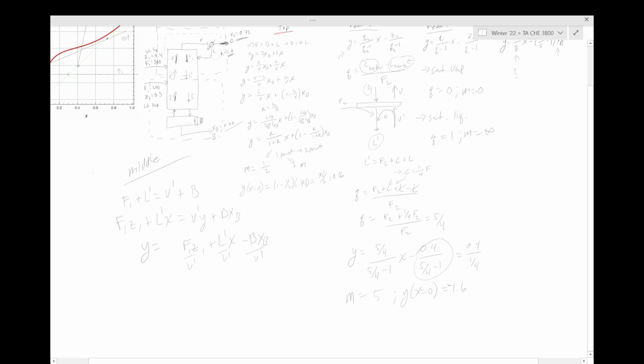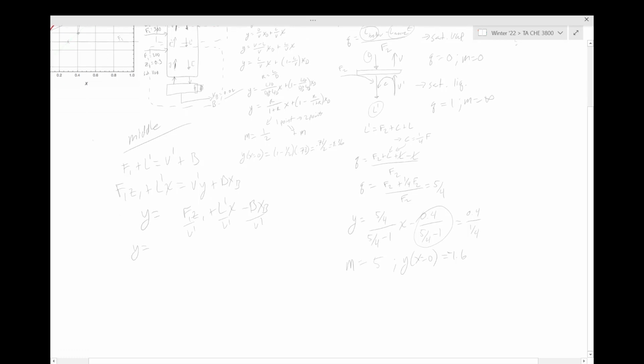So let's clean it up. Y is equal to L prime over V prime times X plus F1Z1 minus BXB over V prime. So again, as I said earlier, you need 2 points or a point and a slope.